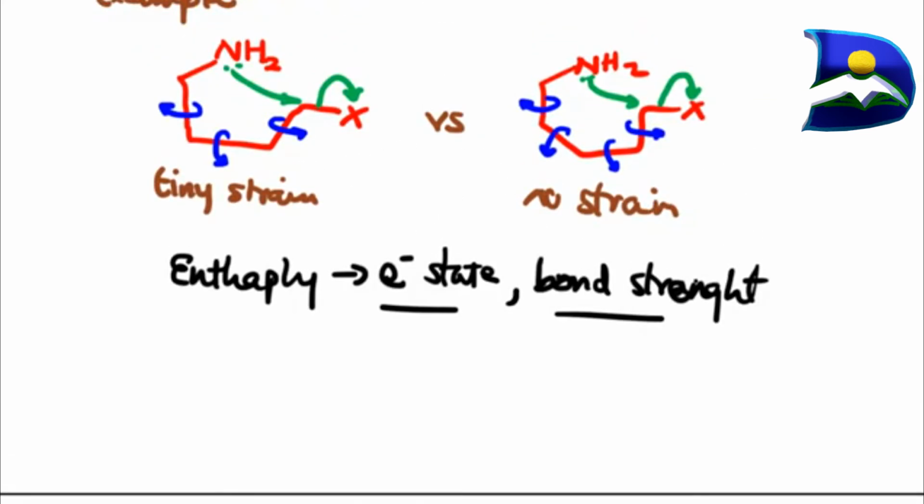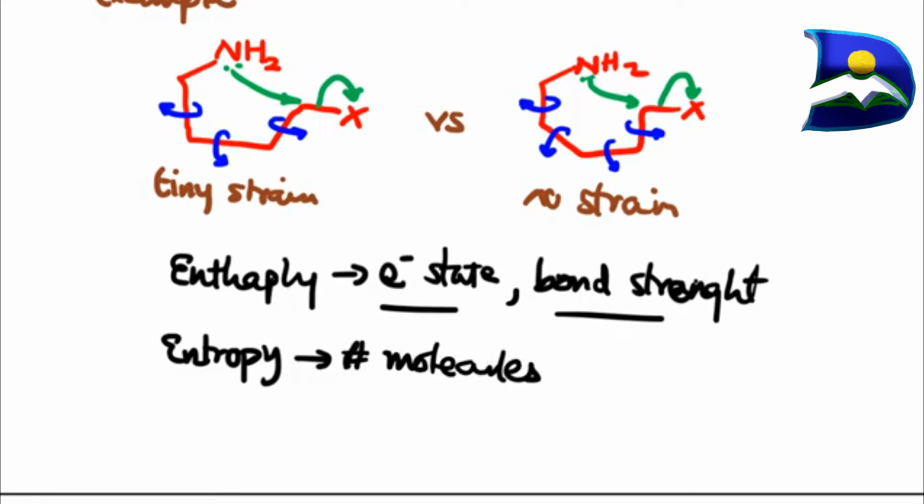However, in terms of entropy, we know that in this case we are going to be involving many molecules, and looking at the number of molecules, we also have to consider how many atoms are around a specific molecule.